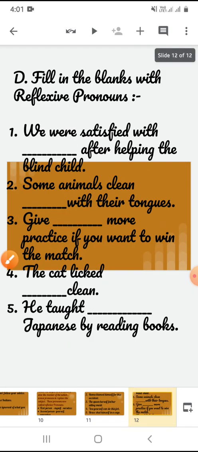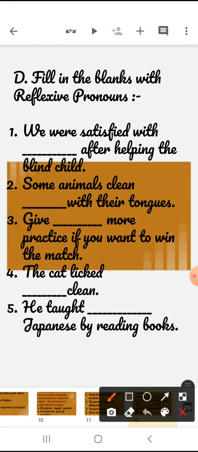Now one more exercise related to reflexive pronouns. Fill in the blanks with reflexive pronouns. We were satisfied with dash after helping the blind children.